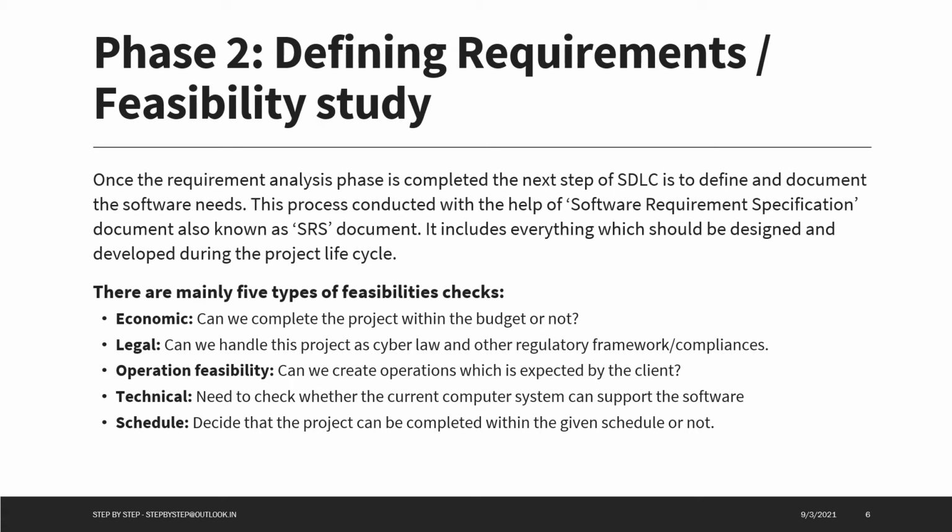The technical check is important because we observe that we build something and sometimes the system doesn't cope with the new upcoming upgrades of the system. Then this becomes of no use. Schedule: decide whether the project can be completed within the given schedule or not. So we need to understand the time frame which we are targeting for completion, whether that will be met or not.